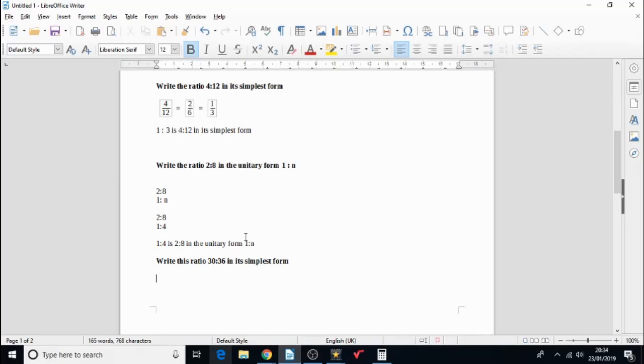Write the ratio 30 to 36 in its simplest form. Again, we can find the highest common factor between these two numbers. We can do this because these two numbers aren't big numbers, so we can write out all their factors.